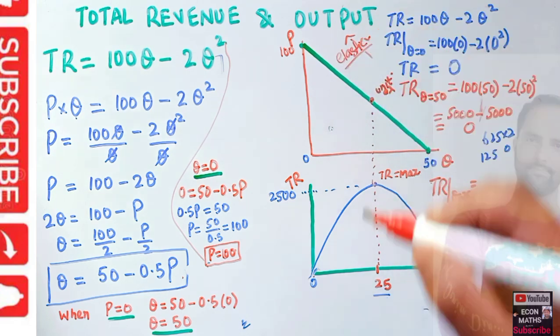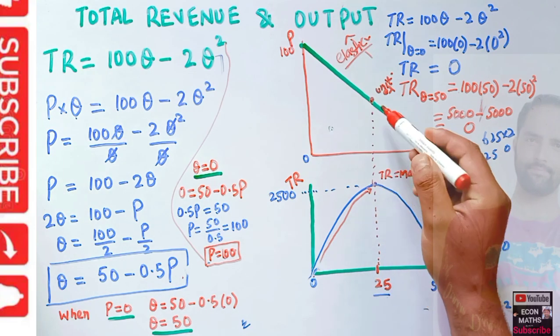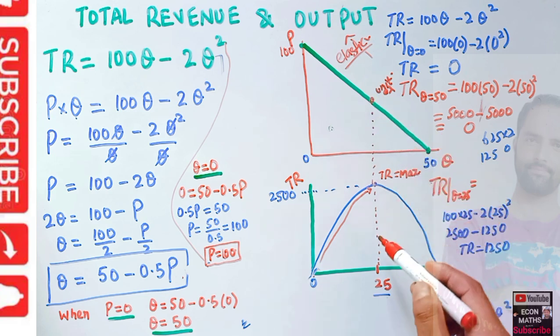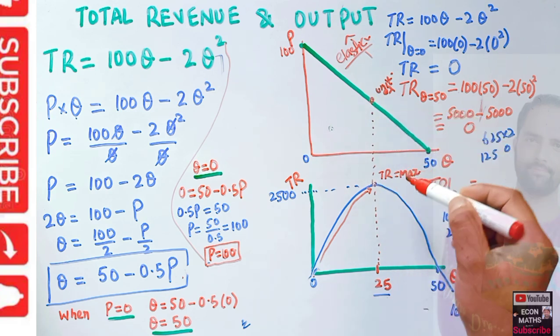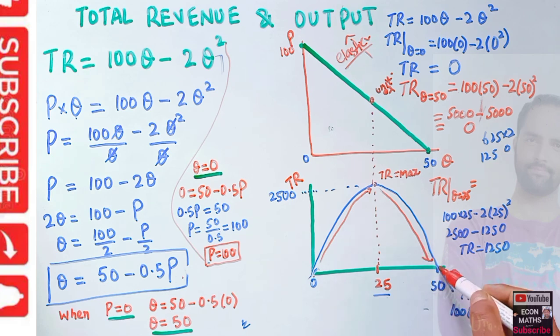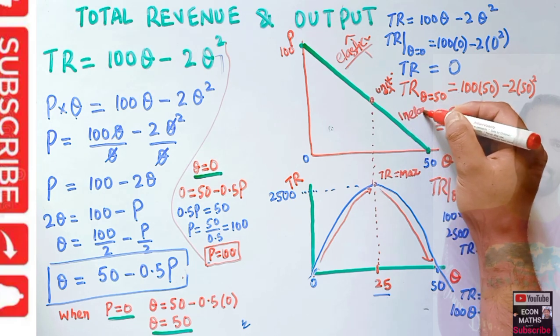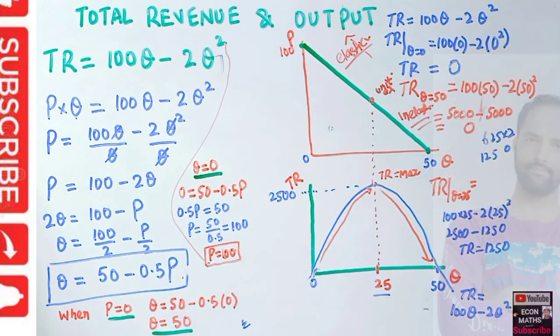So when we have elastic demand, our total revenue will start increasing. When it reaches unit elastic, it will be maximum, then our total revenue will start diminishing. This is our inelastic region.